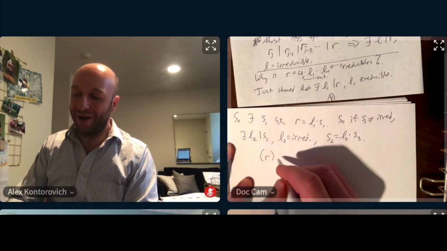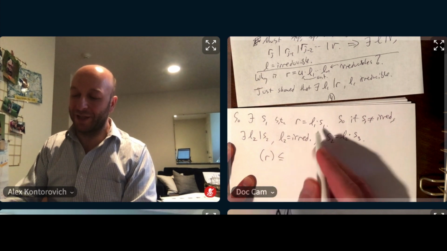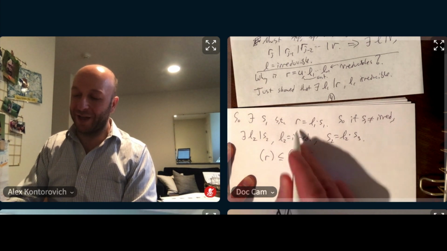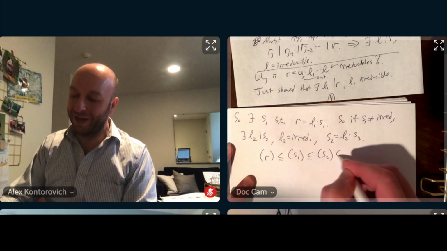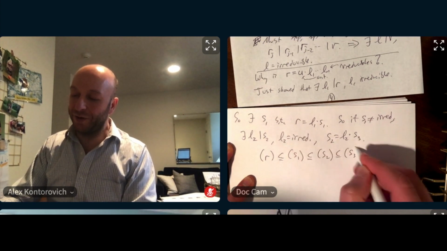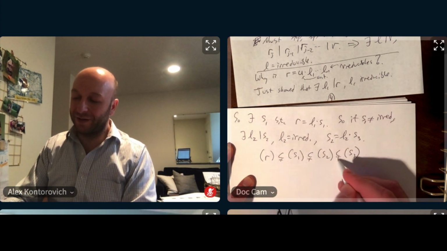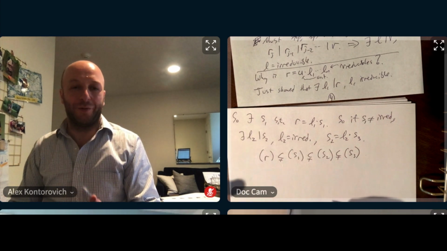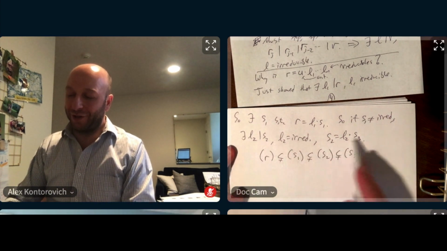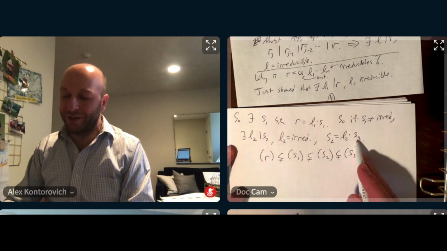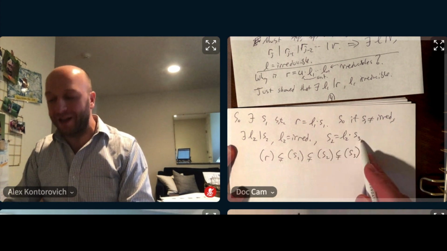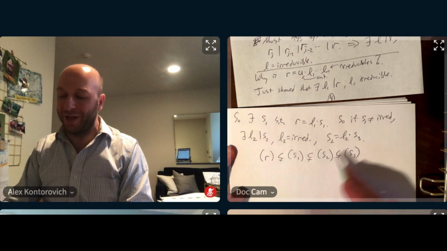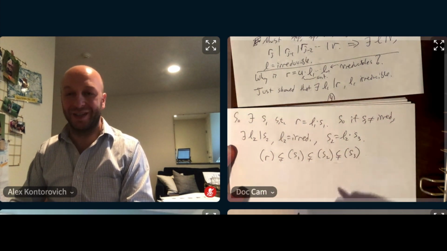The ideal generated by R is contained inside the ideal of S1, which is contained in S2, and so on, and these are not equal because they're genuinely getting, well, I'd like to say smaller if you want to think about it in terms of norm, but they're just contained. Anything that's a multiple of S2 is automatically a multiple of S3. But actually there's an irreducible factor in between, so this is a chain which is strictly increasing.